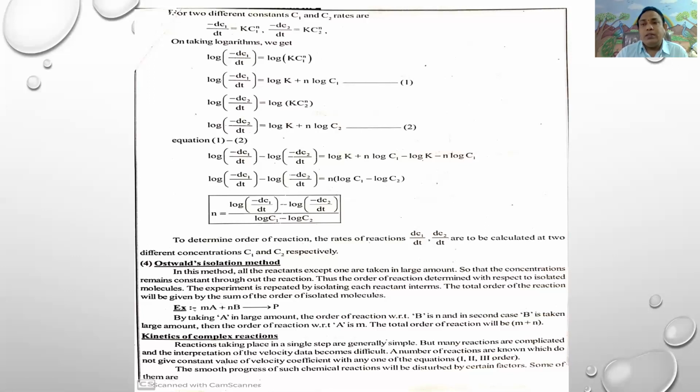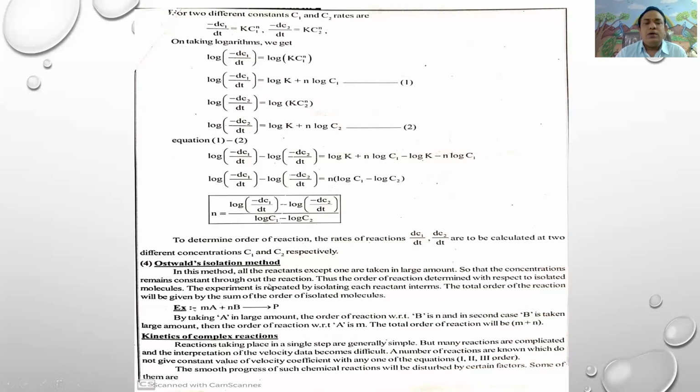Here, while taking the reactant molecules in large quantity, the order of reaction doesn't depend upon the reactant molecules which participate in large quantity. Therefore, here the order is obtained with respect to the minimum concentration of the reactants.